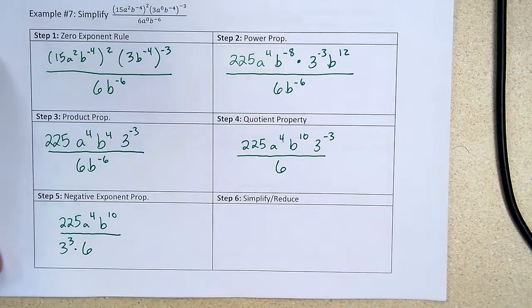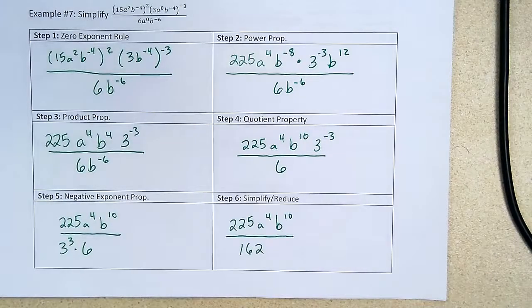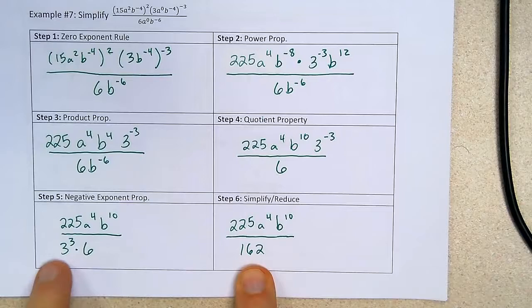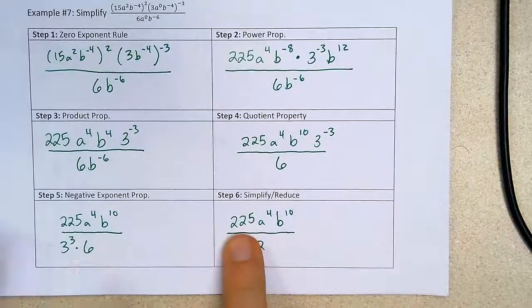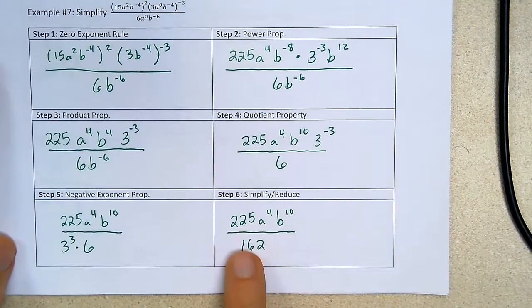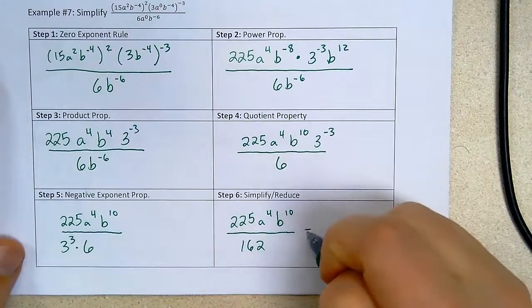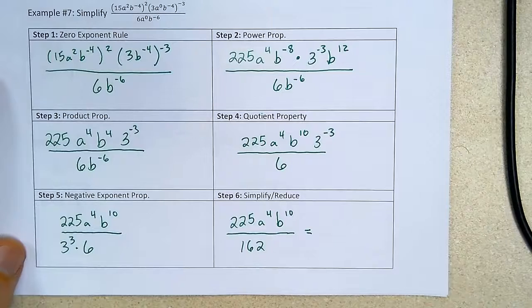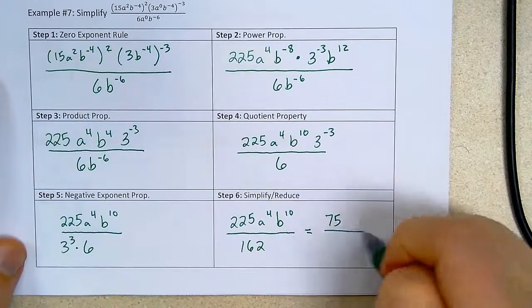And 225 over 162 doesn't reduce at all. The factors of 162 are 2 and 3, and the factors of 225 are 5. And so, oh wait, no, 5 and 3. They're both divisible by 3. 225 divided by 3 is 75, and 162 divided by 3 is 54.